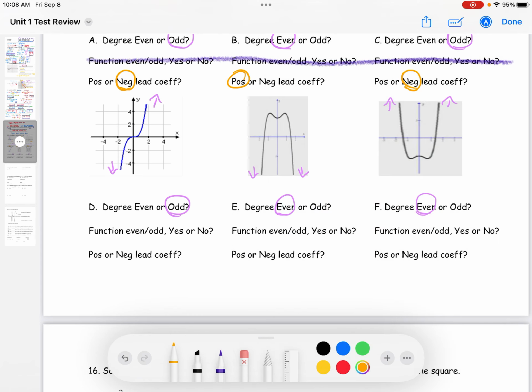And then with the coefficients, on D, the right side goes up. That's positive. E, the right side goes down. That makes it negative. And on F, the right side goes up. That makes it positive. And that is even and odd and leading coefficients.